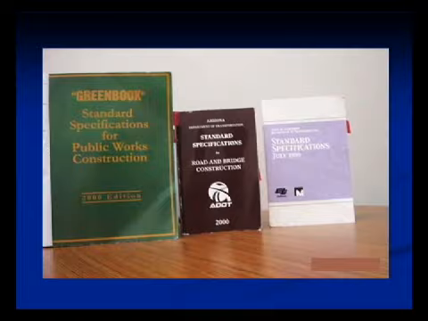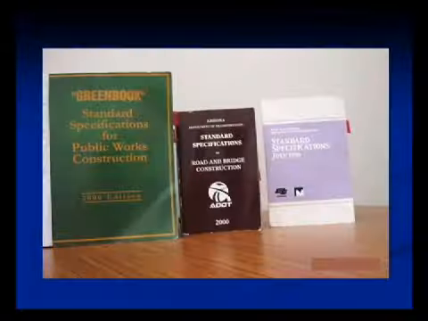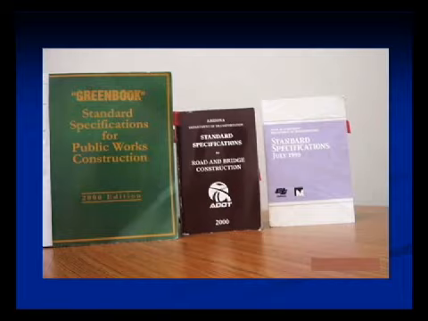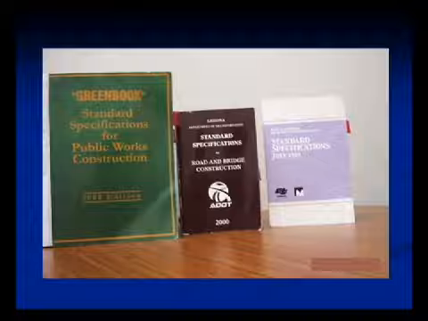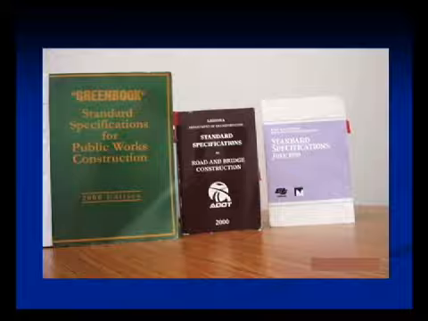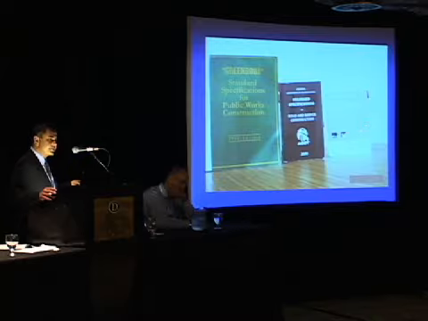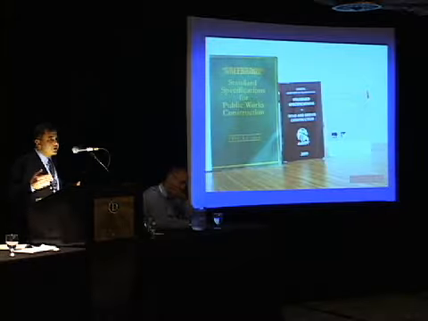We're going to get to some of the technical aspects of what we need to be concerned with as a rubber producer, and this is how we communicate with agencies. This is the Green Book, which is used by cities and counties in the state of California. This is the Arizona Department of Transportation specification, and here are the Caltrans specifications. These are three examples in front of you.